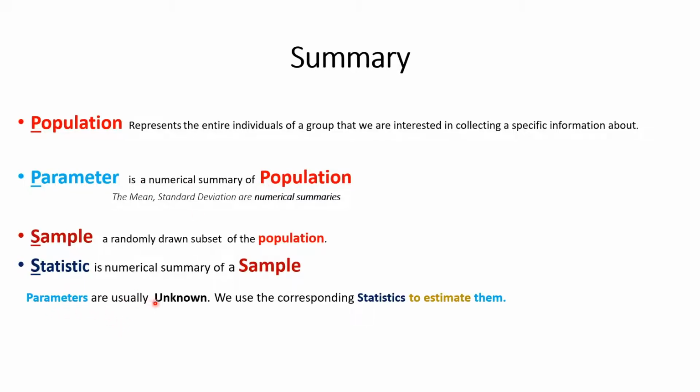Again, the parameters are usually unknown because it's very hard to calculate the GPA, for example, of each of the 82 students and then calculate their average. And usually the population is way larger than just 82. So since it's usually unknown, we use the corresponding statistics to estimate them.